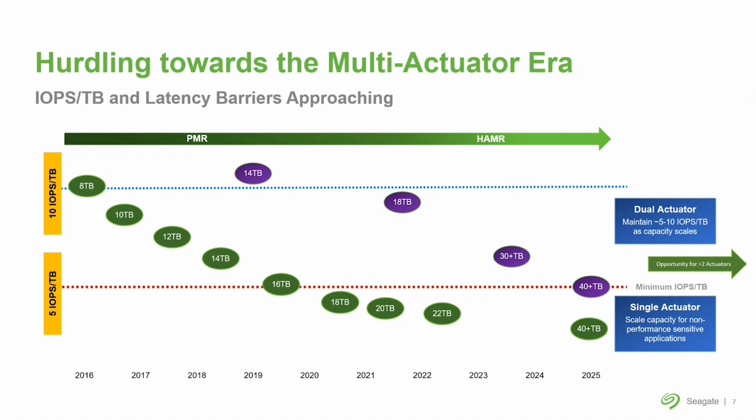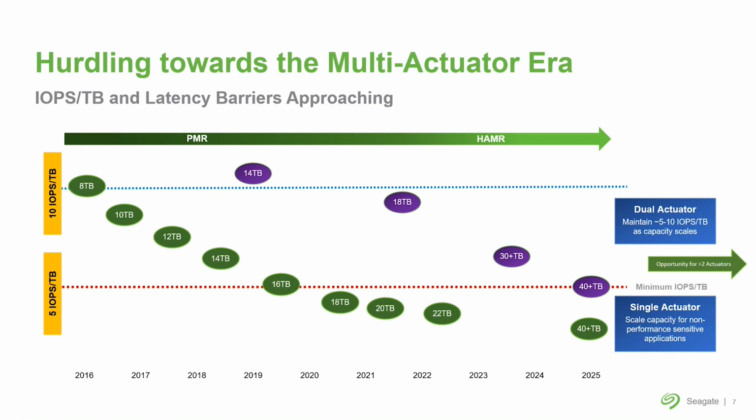There is a point somewhere prior to 40-plus terabyte drives where we're going to see a paradigm shift in the industry. The predominant drive today is single actuator, with dual actuator a niche, for a few very important applications that need that performance today.